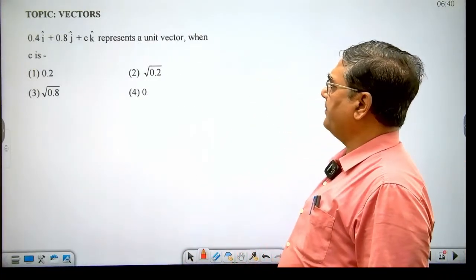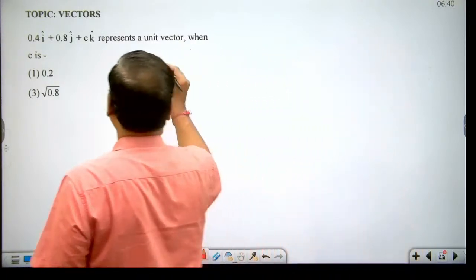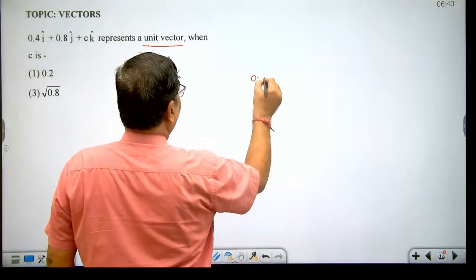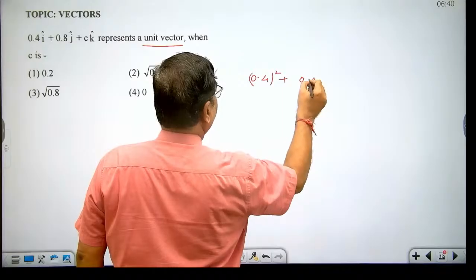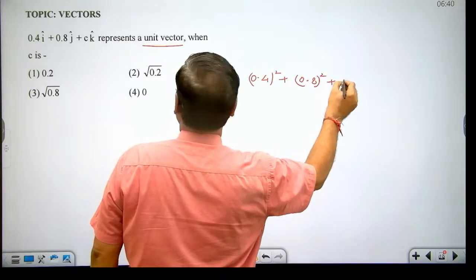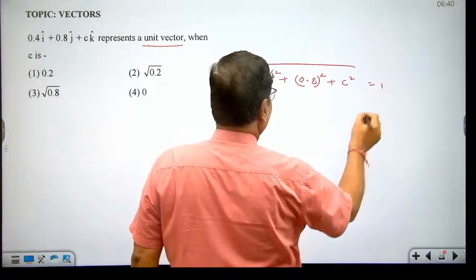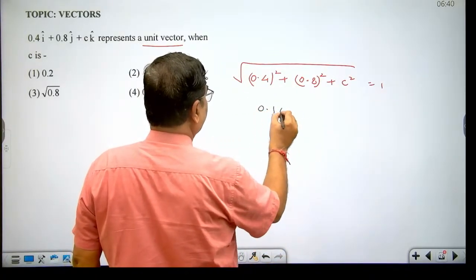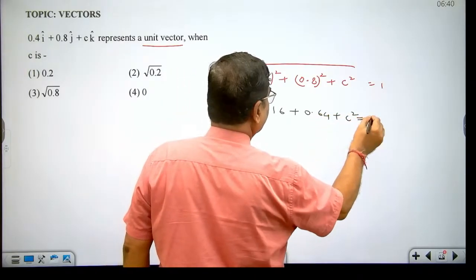0.4 i cap plus 0.8 j cap plus c k cap represents a unit vector. What is a unit vector? Whose magnitude is 1. So we'll write 0.4 square plus 0.8 square plus c square under root equal to 1. Take the square. We will get 0.16 plus 0.64 plus c square equal to 1.